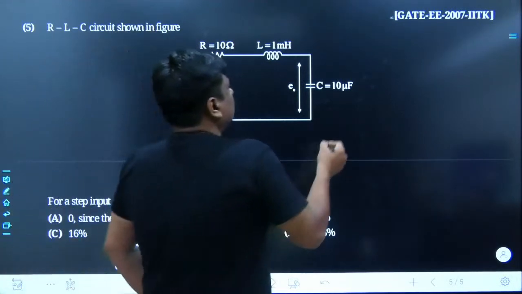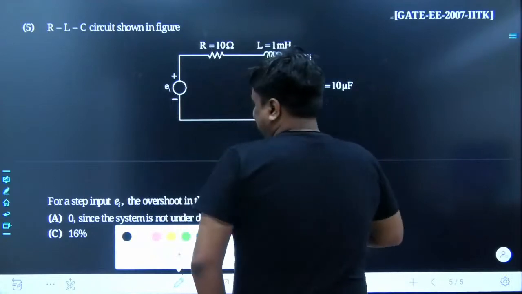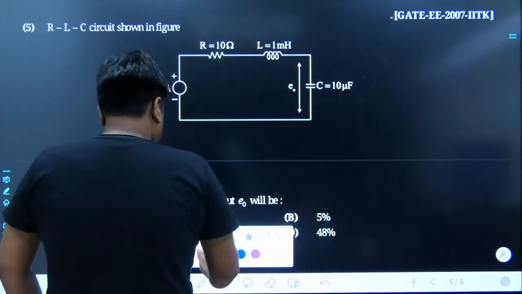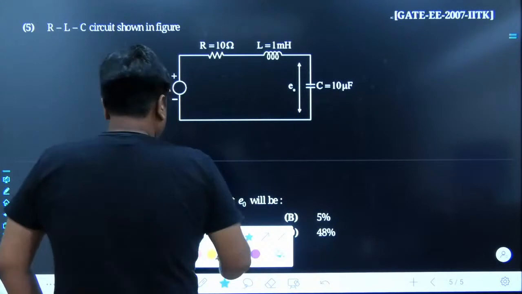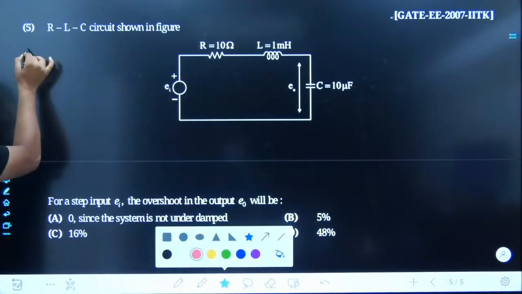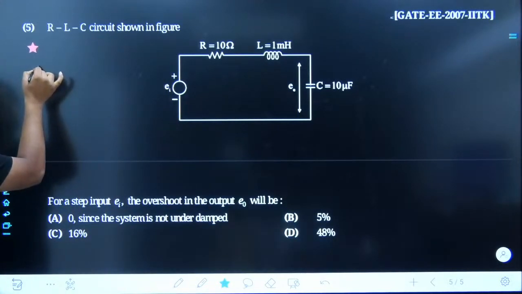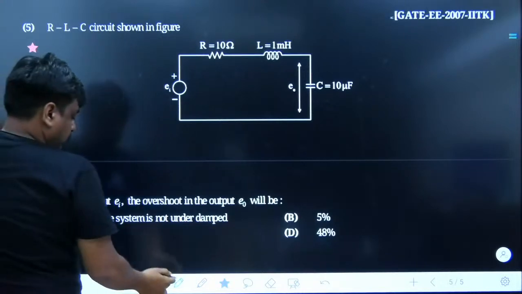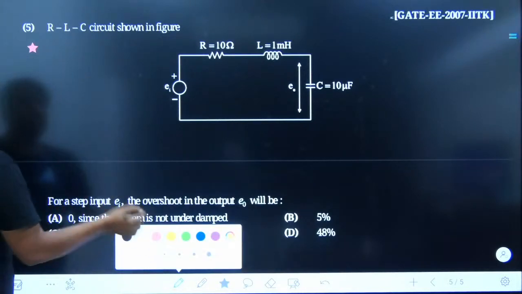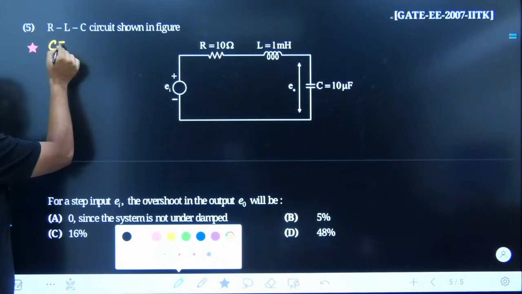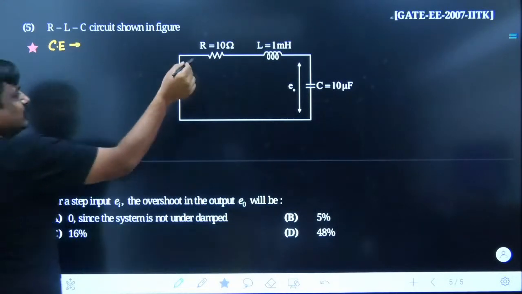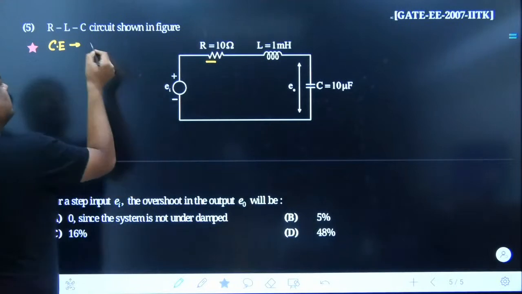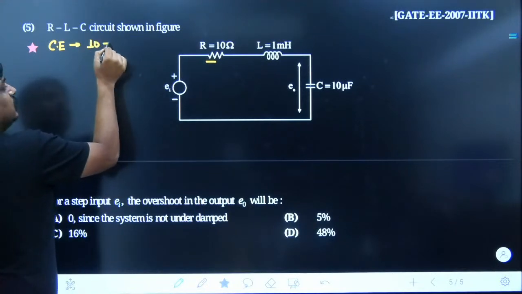So what we would do over here, we would just focus on the characteristic equation. Where should I do that? Let me do it somewhere here. Let me focus on the characteristic equation first. And as we focus on the characteristic equation, the impedance of R is simply 10 ohms.